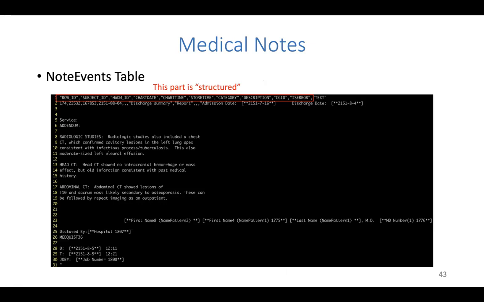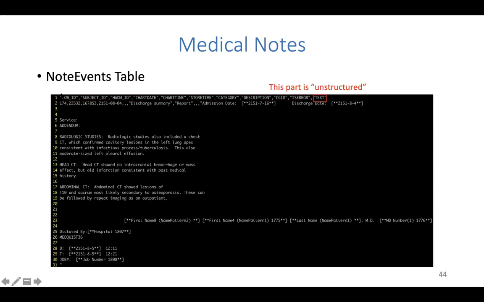Partially you are correct if you claim that medical notes are structured information, because among the number of columns, this much is structured, all the way until the text. So row ID, subject ID, hospital admission ID, the date that the text was entered, and the time and store time, category, description, CGID, is error. Those are structured information, but this much is unstructured.